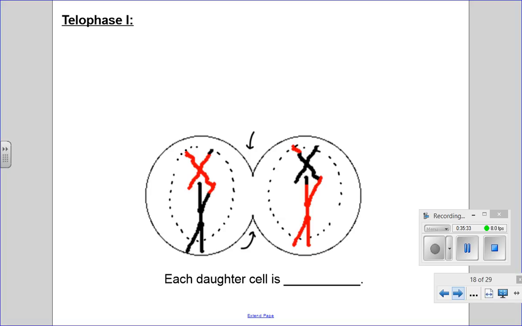Now, one of the things that's important here is that not all cells do this. Sometimes when a cell is undergoing meiosis, rather than splitting in half distinctively right here, it waits until it gets to the end of meiosis 2.